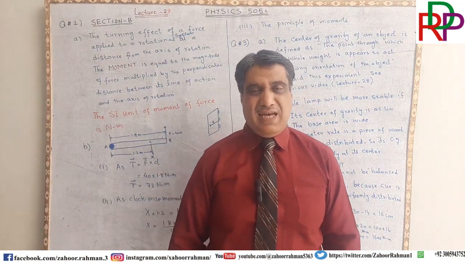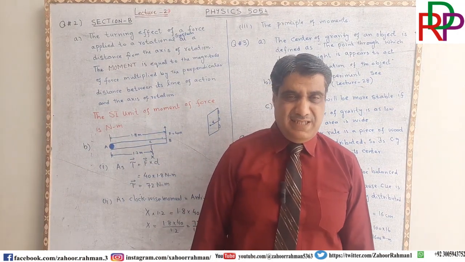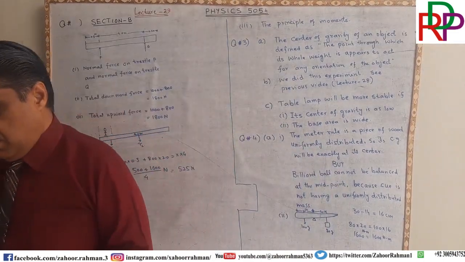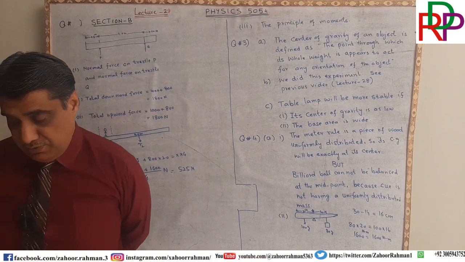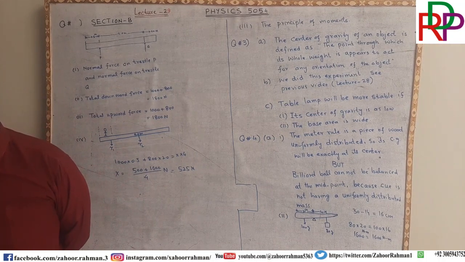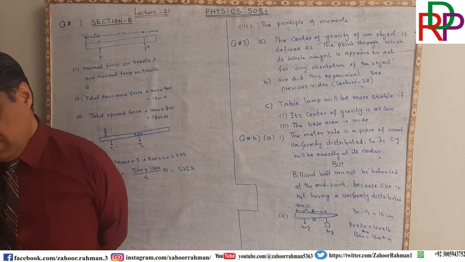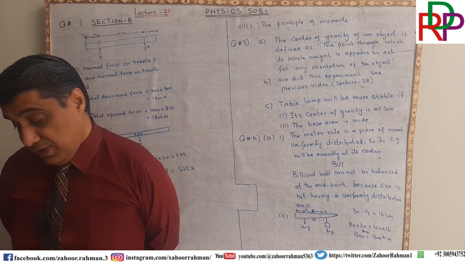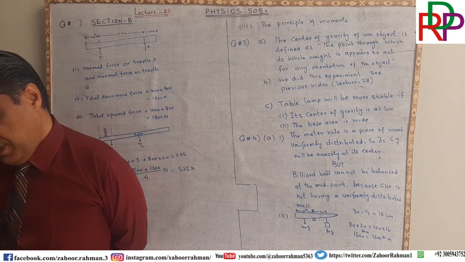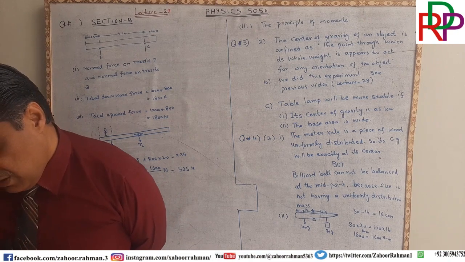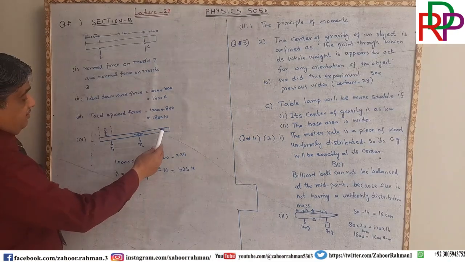We are doing the last part. Let me erase the whiteboard. Okay, let's do the B part now, and the B part of question number 4 is on page number 78. A painter of weight 1000 Newton, remember 1000 Newton, stands 1 meter from the left hand end of a uniform plank which is 5 meter long.